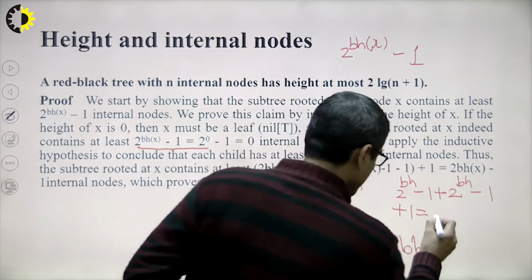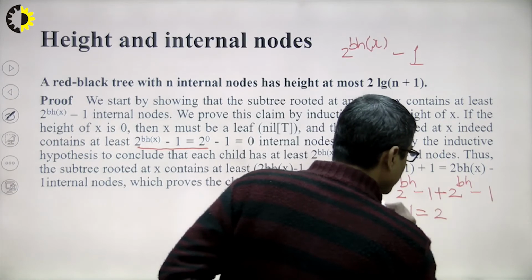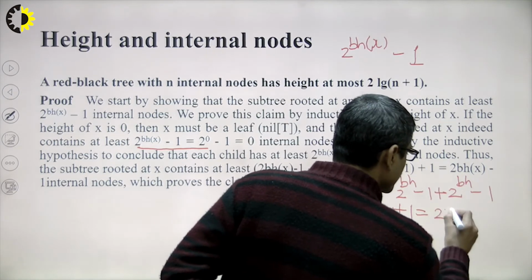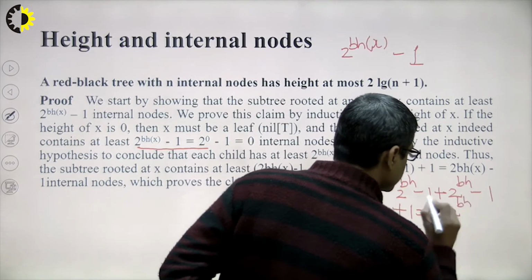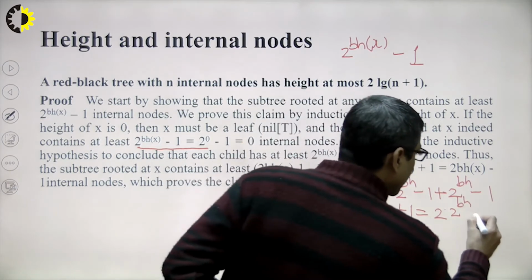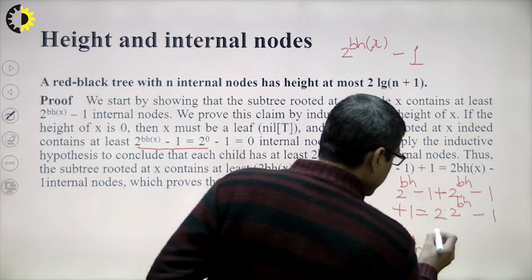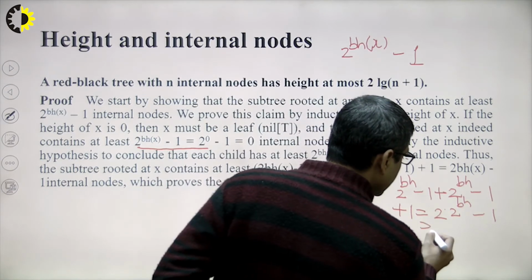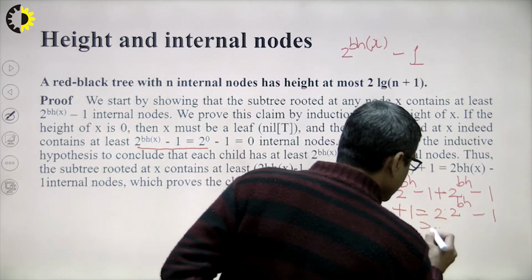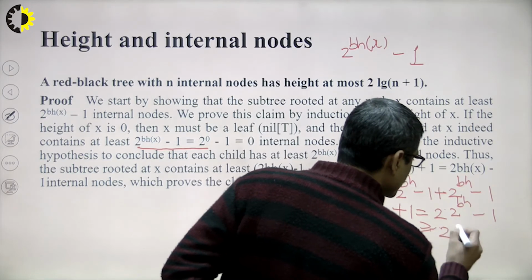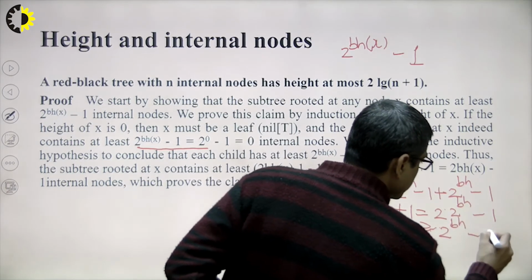That equals 2 into 2 to the power bh minus 1, which is greater than or equal to 2 to the power bh minus 1.